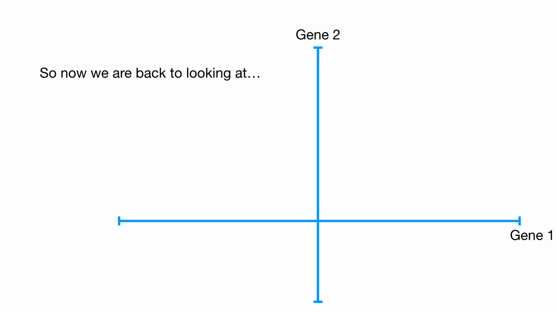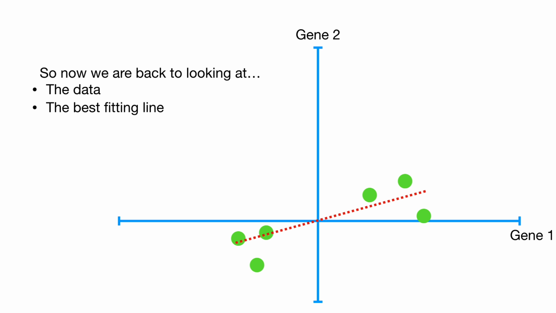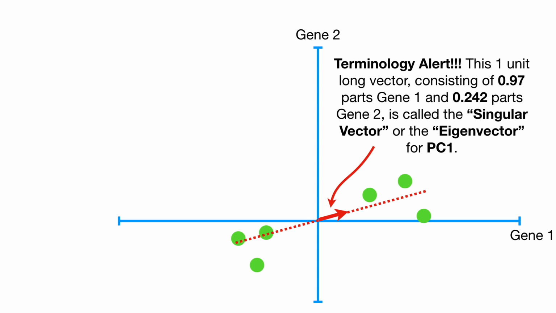So now we are back to looking at the data, the best fitting line, and the unit vector that we just calculated. Oh no, another terminology alert. This 1 unit long vector, consisting of 0.97 parts gene 1 and 0.242 parts gene 2, is called the singular vector, or the eigenvector for PC1.